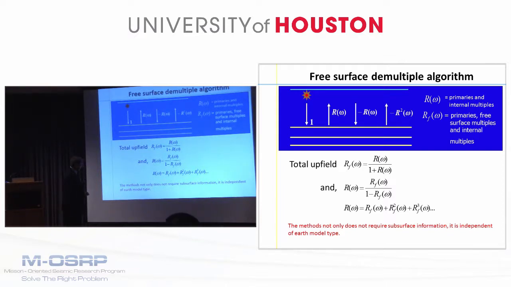So that's an example, but look at the multiplicative. What happens here? This is data. This is your primaries, internal multiples, and free surface multiples, all in this. When you add this to this, two things happen. Every multiple that's hit the free surface once is eliminated, and all higher order free surface multiples are altered.